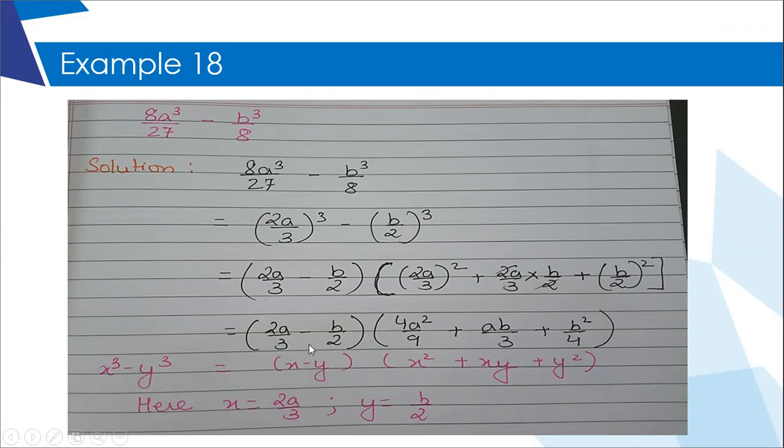The first bracket remains the same throughout, and then you apply the square to everything inside the bracket. So 2 square is 4, a square is a square, and 3 square is 9. Here it is ab by 3, and here it is b square by 4. So this is how it is done. So you can even get your first and second terms as fractional terms.